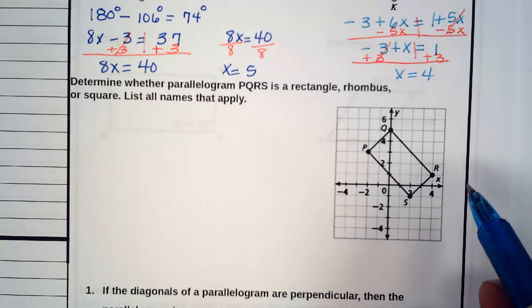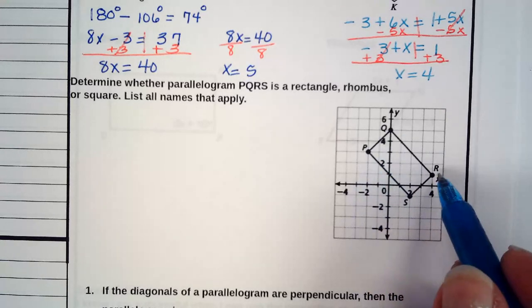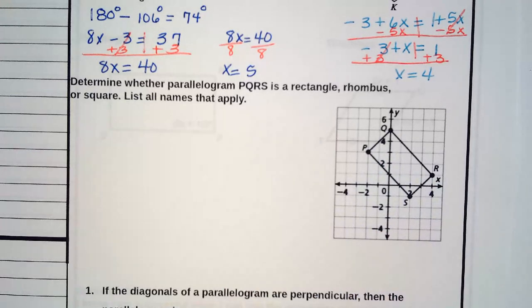But to be a rectangle, what do we know about the corners? They have to be 90-degree angles. So I am going to look at the slope. I can do PQ and either QR or PS to determine whether those slopes are opposite reciprocals. If they're opposite reciprocals, then I know that I have perpendicular lines.